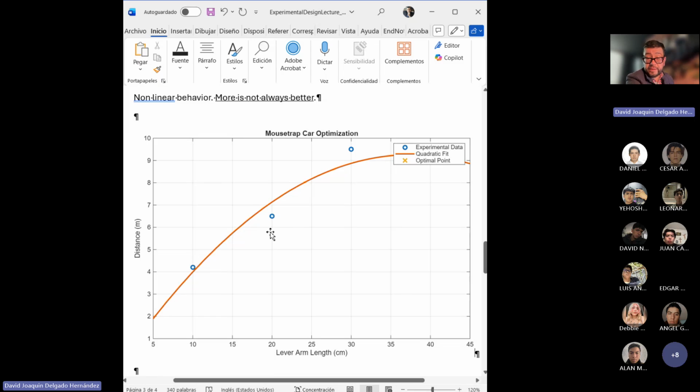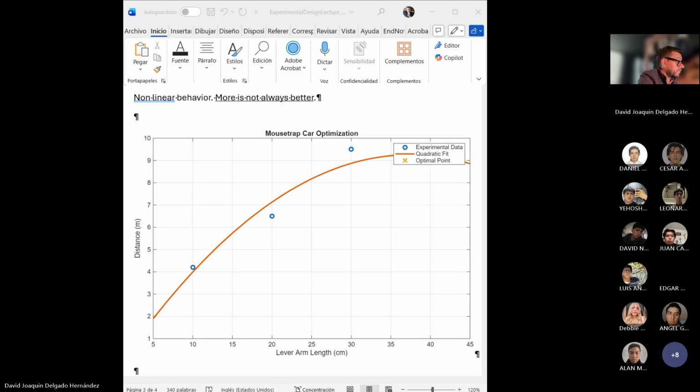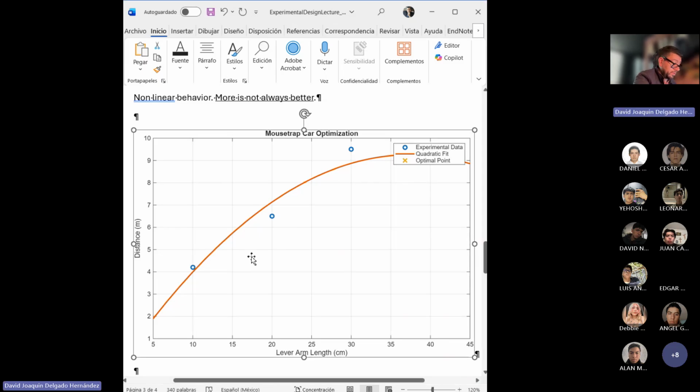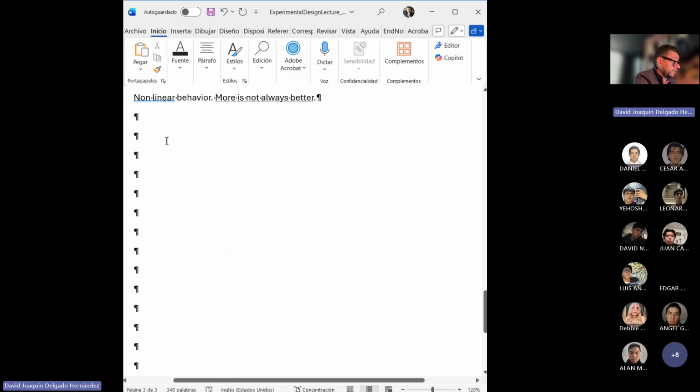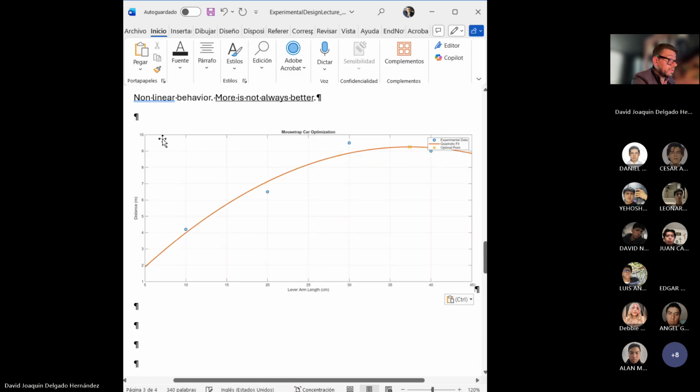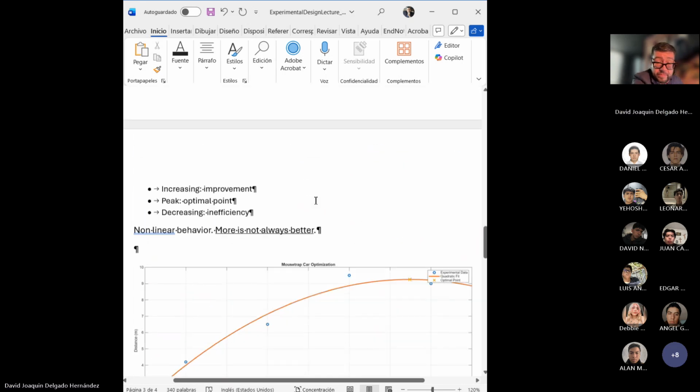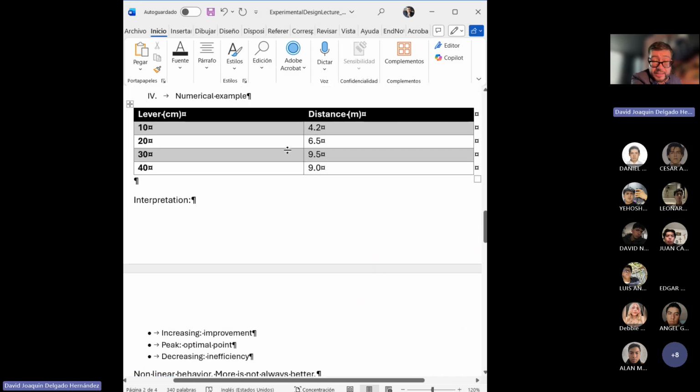Here is the figure that we can have with MATLAB. Let me copy again the figure because I think that it is not clear here. So I am going to get rid of this and put it again here. Okay, look. This is the data for the experiment. You are just considering the lever arm, so 10, 20, 30, and 40.